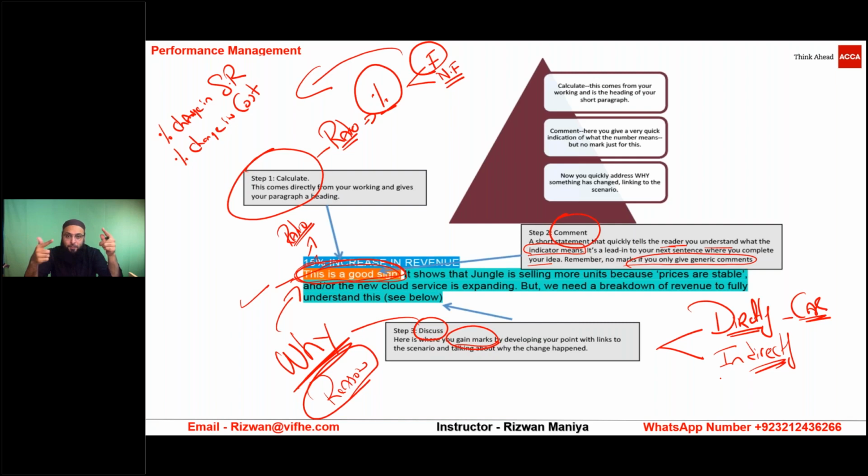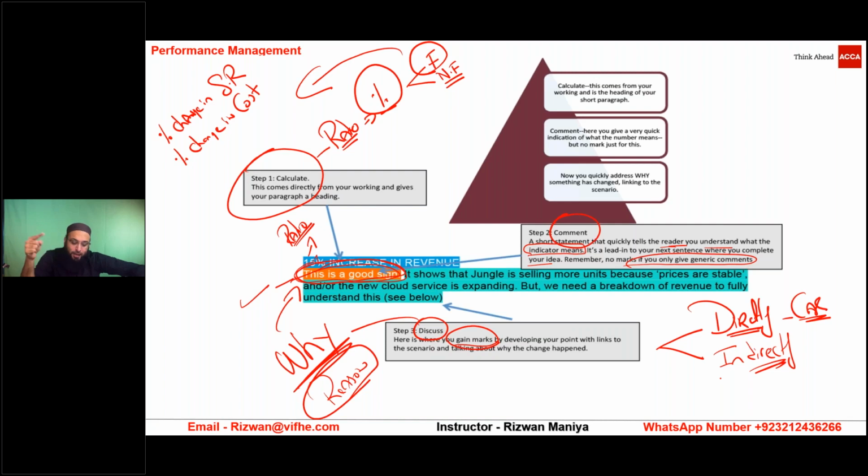Are you getting the point? Direct reasons are things that are obvious in the scenario, clearly mentioned. For example, it is clearly mentioned in the scenario that the company made an investment, that the company has spent 2 million on advertisement. Very clearly mentioned that 2 million advertisement was incurred.